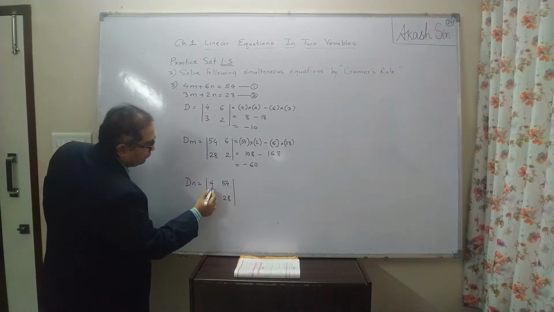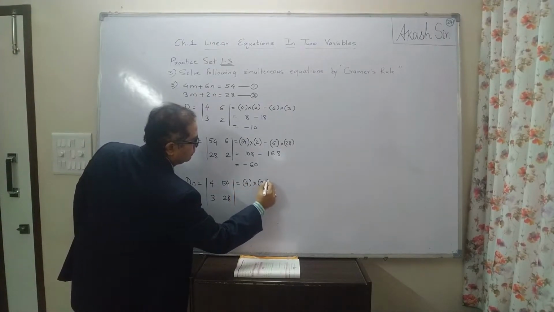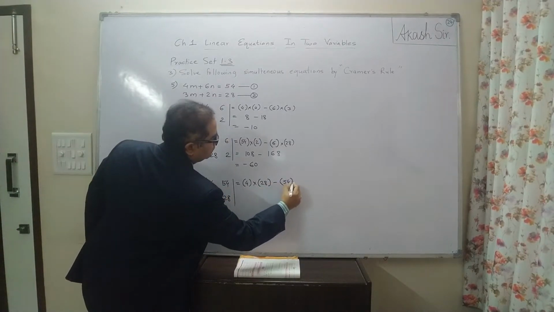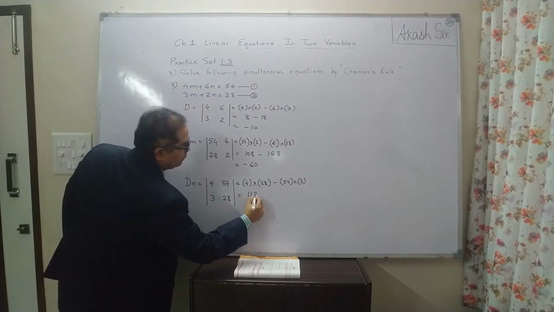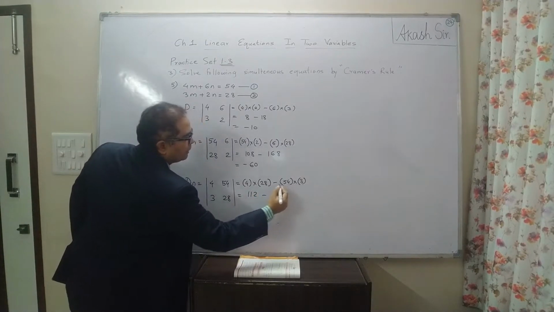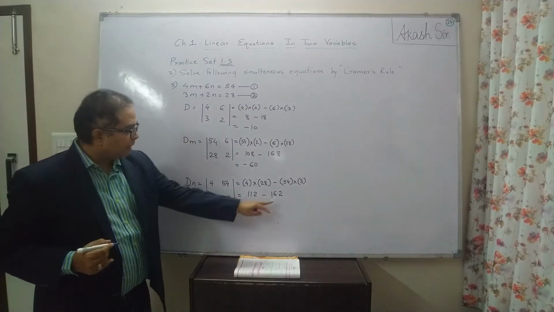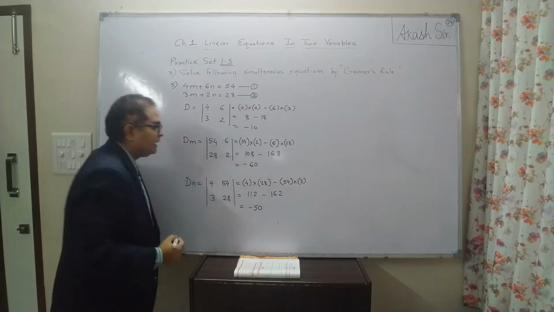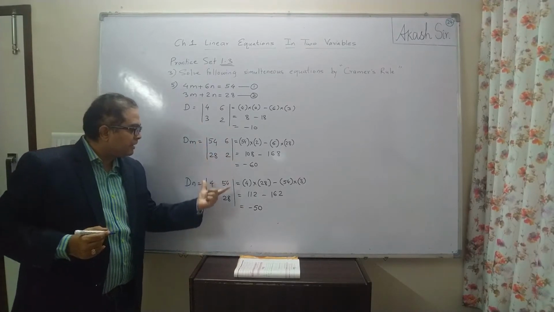Cross multiplication: 4 into 28 minus 54 into 3. 28 4s are 112, 3 5s are 15 plus 1, 162. Now 162 minus 112 is 50, bigger number sign is minus, 50. So I got the answers of D, Dm and Dn.